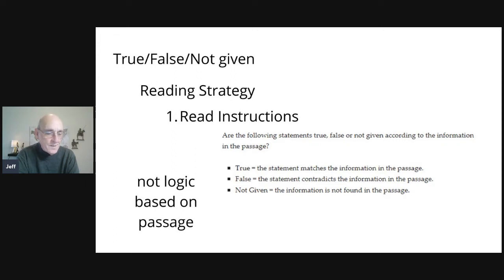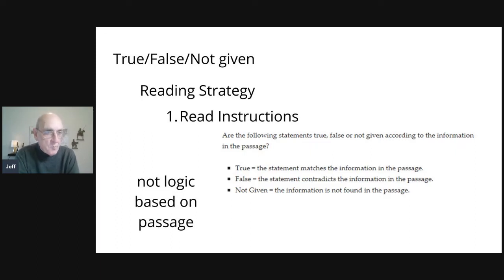The instructions are: are the following statements true, false, or not given according to the information in the passage? Not according to your knowledge, your opinion, or your experience. It's information in the passage.